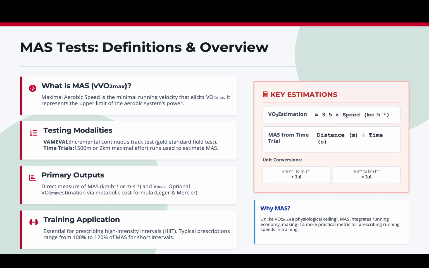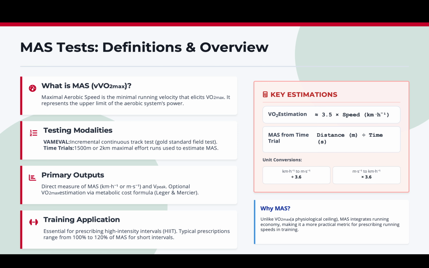The unit conversions: kilometers per hour to meters per second, divide by 3.6, and meters per second to kilometers per hour, multiply by 3.6.